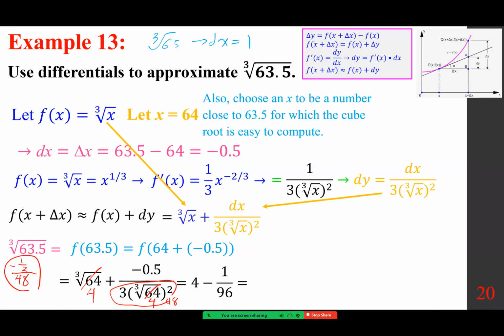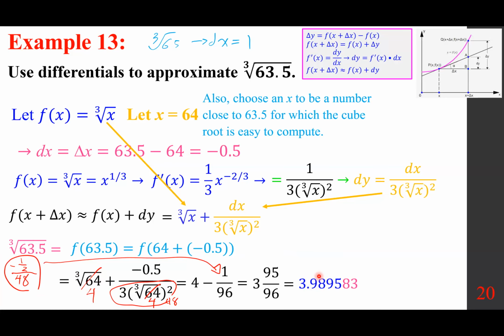I'm assuming you have no problem with complex fractions and so forth. So 4 minus 1/96 is 3 and 95/96. If you use a calculator, you end up with this number. And notice how close this number actually is to 4. And so this is with many, many decimals. Again, as far as the question is concerned, however many decimals they ask you.